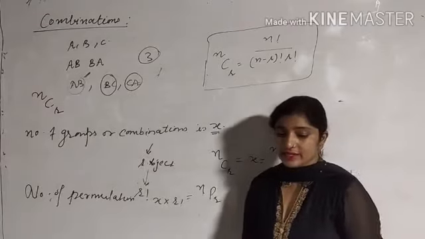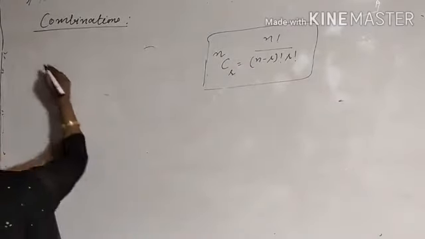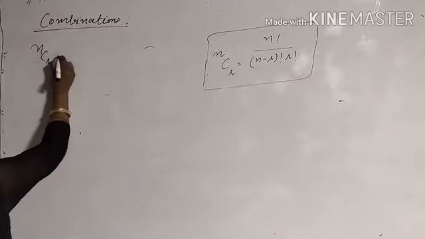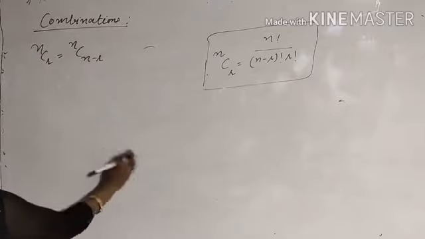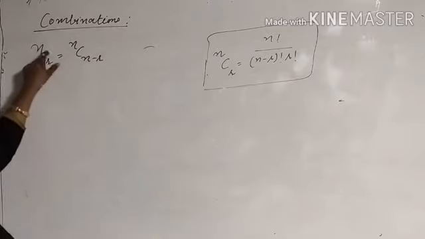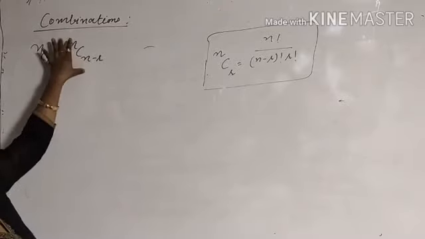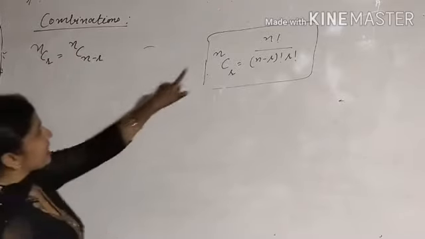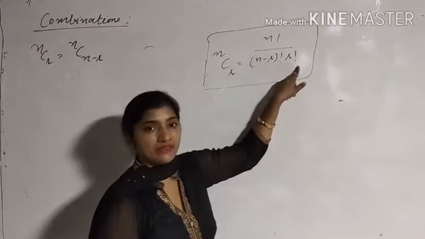Right? Let's do some numerical problems based upon it. The first problem is: show that NCR is equal to NC n minus R. We start from the right hand side. By the formula, NCR is n factorial over n minus R factorial, R factorial.